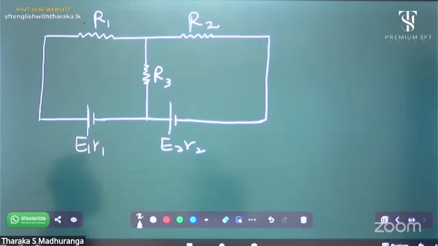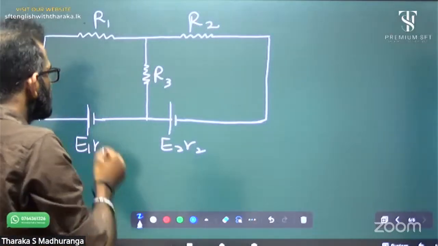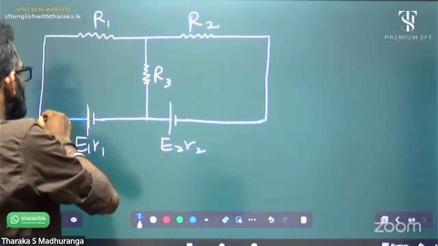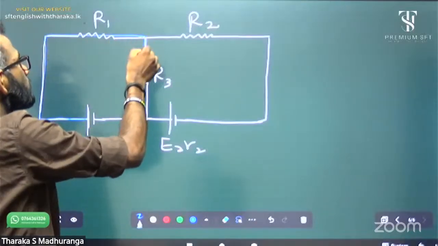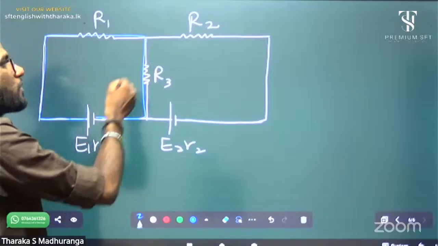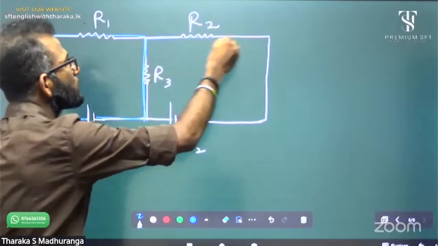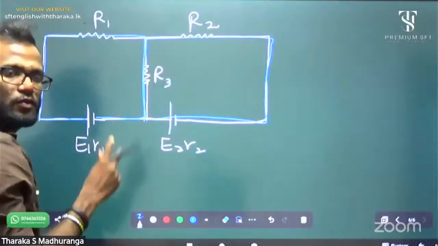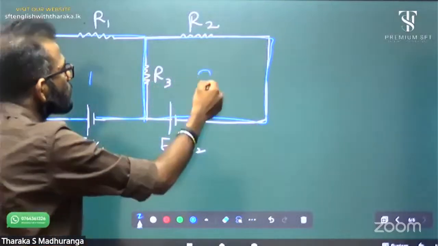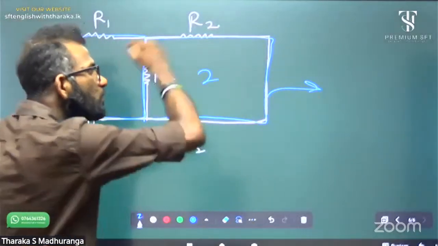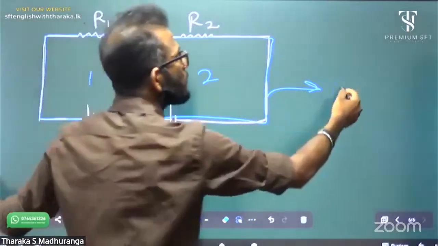It has 3. See, this blue color I'm drawing is one loop. This is another loop. That is 2. But if you take the full circuit as one loop, it is 3.